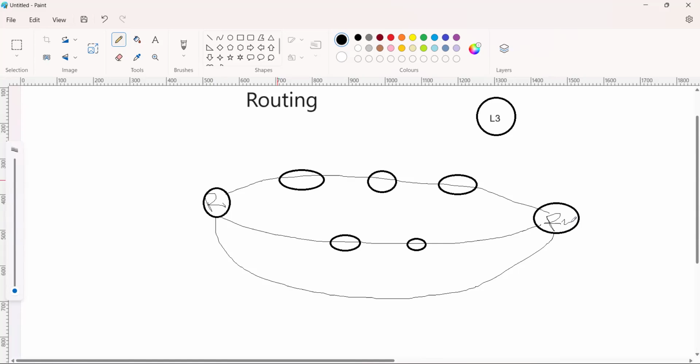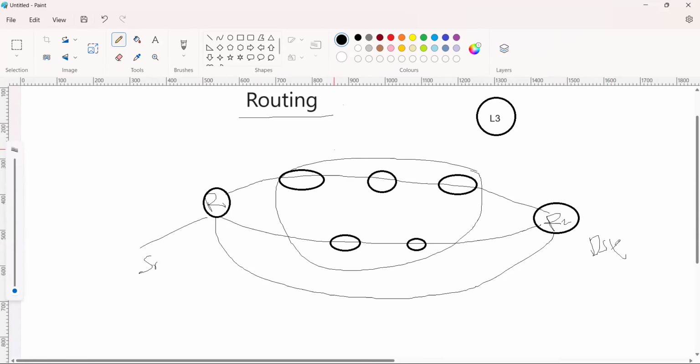These routers are on the path between the source and the destination. In between, the router will elect the best path based on the routing tables.